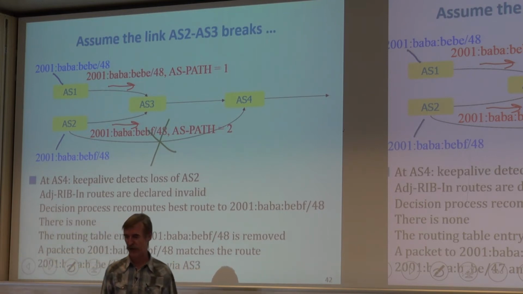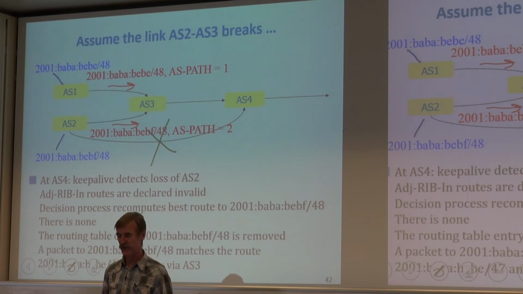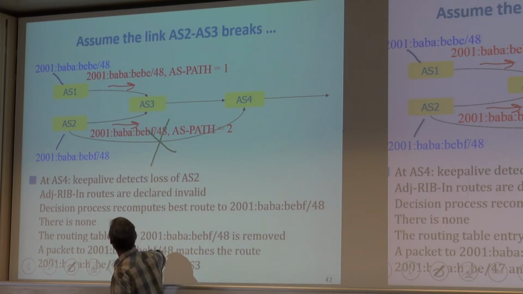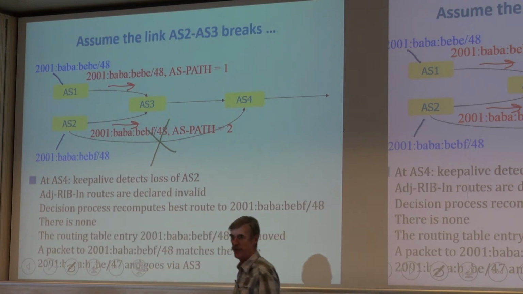Now, what's the interest of having both an overlapping block that can do the same job as the non-overlapping? Well, it's in case of failure. If the link between AS2 and AS4 fails, as shown by this green cross here, then what will happen with BGP?